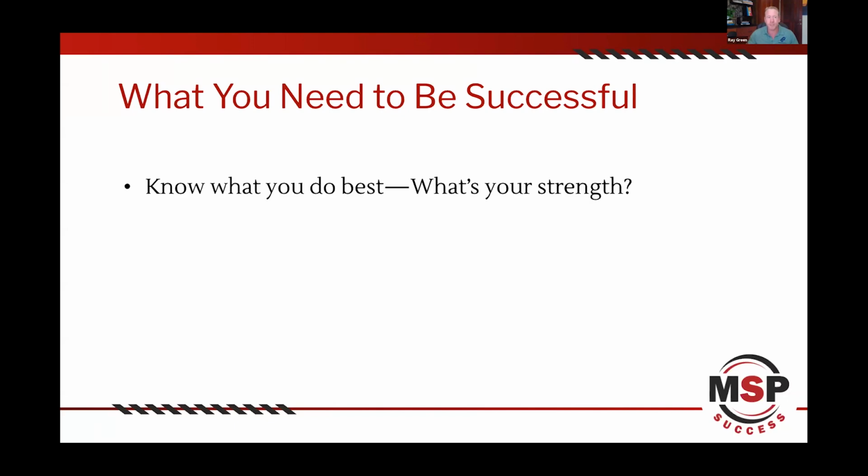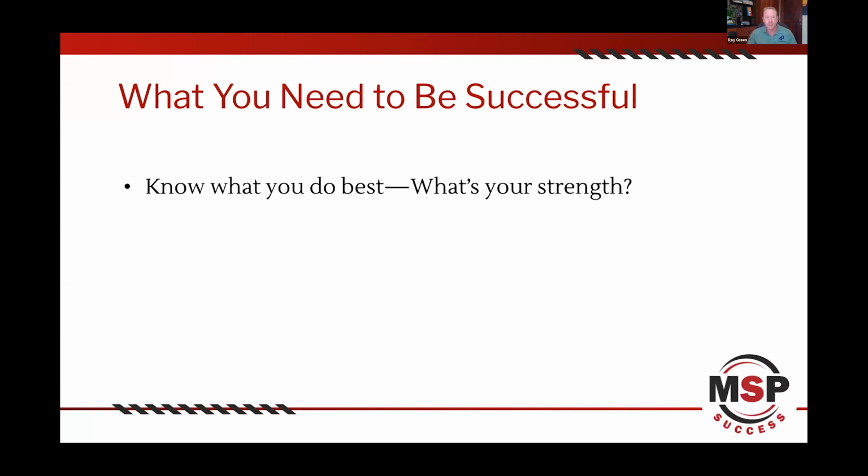The first thing is know what you do well. This isn't just about saying, "Hey, we're faster." It's about digging deeper into what makes your service unique. I'm not going to ask a wedge question about something that I'm not doing, but I'm going to identify what we do really well that I know most providers don't do, so that I can craft a wedge question or two that highlights that.